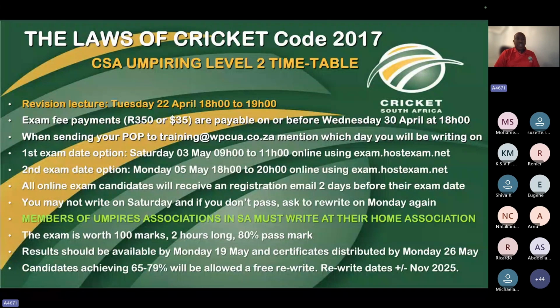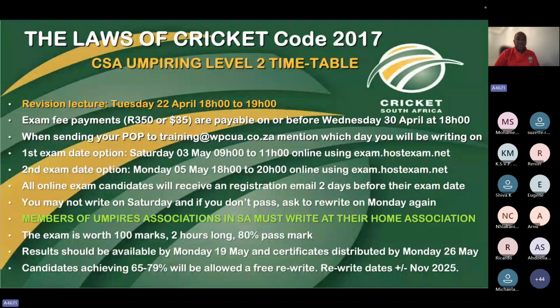If you do not achieve 80%, so if you do not pass the level 2 exam, candidates achieving between 65 and 79% will be allowed a free rewrite. The rewrite will only be when we next have our level 2 course, which will be in October and November 2025, and the exams will be in November 2025.